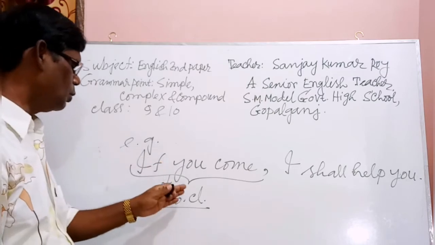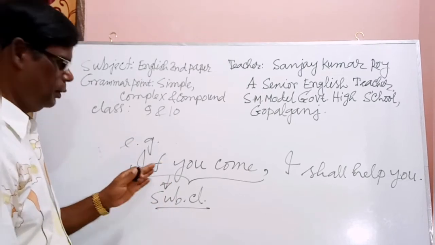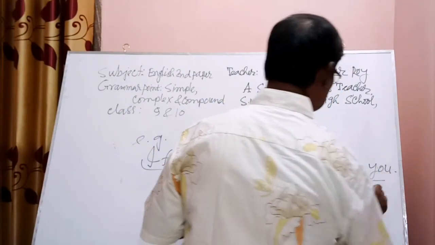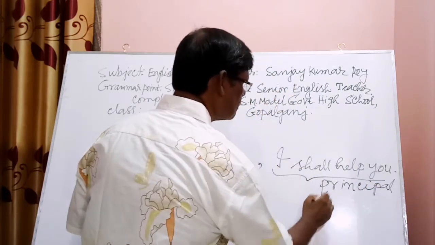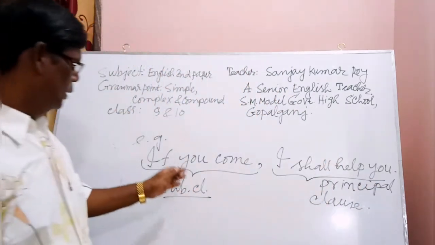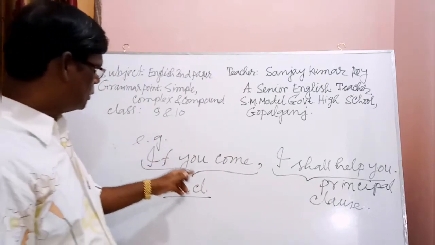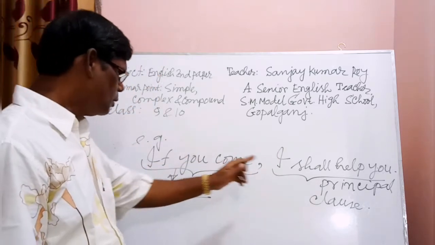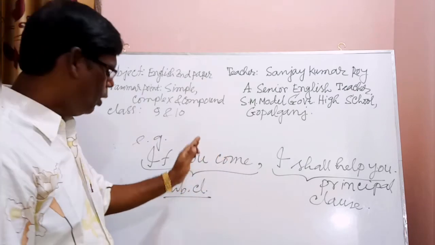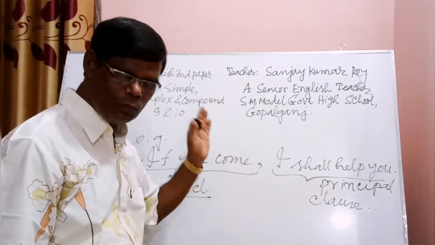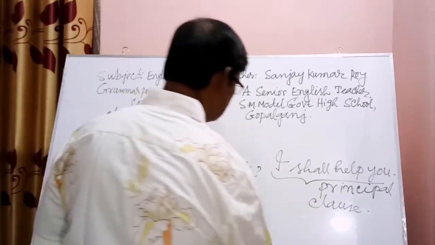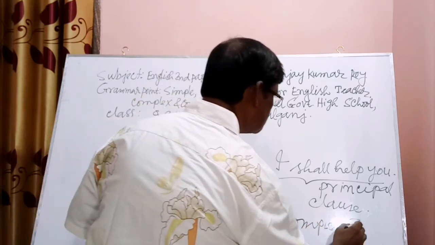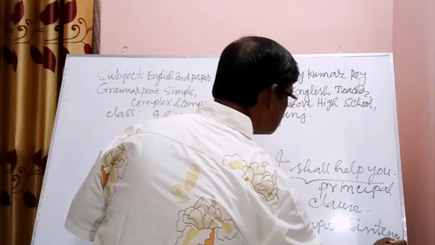How this clause is a subordinate clause, you can understand, I think. So this is the principal clause. One principal clause, one subordinate clause. Of course, subordinate clauses may be more than one. So this sentence is a complex sentence.